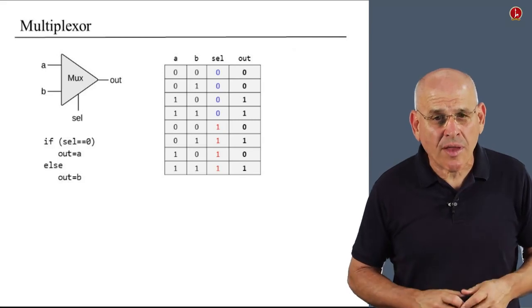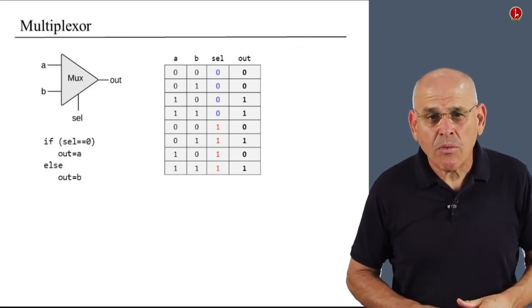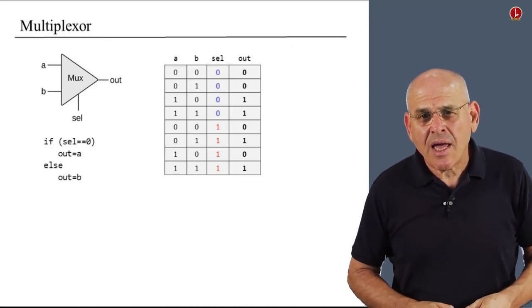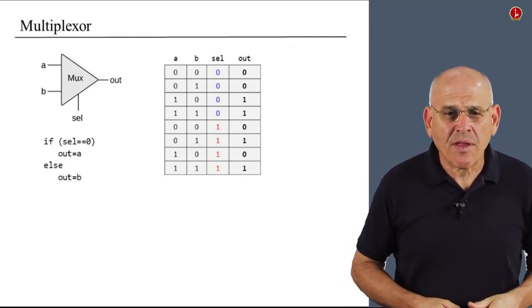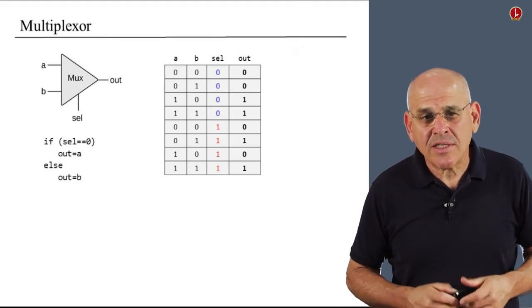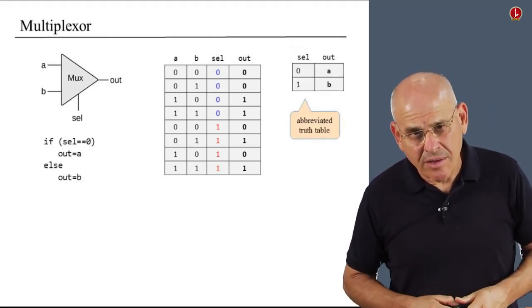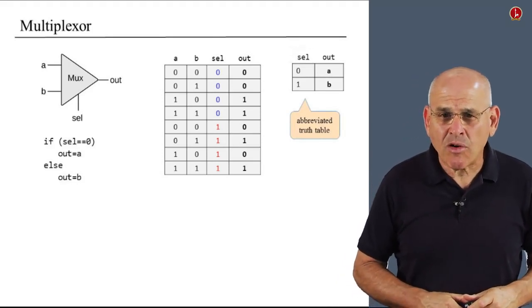And here is the truth table of the multiplexer. We have three inputs, so we have 8 different possibilities. And you can convince yourself that the truth table is consistent with what we described before. We can also provide an abbreviated truth table of the multiplexer operation.